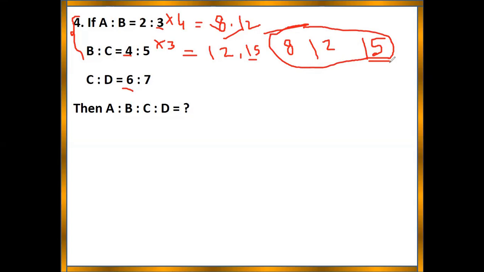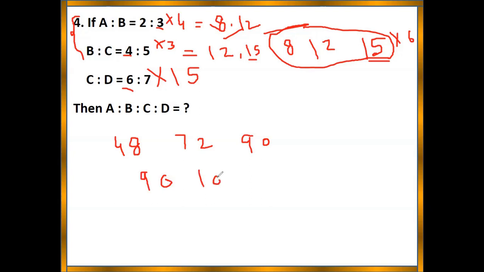To get a common multiple between 6 and 15, you have to multiply with 15 here and with 6 here. If you multiply with 6 here, what is the new value? 8 6s are 48, 12 6s are 72, 15 6s are 90. Similarly, 6 15s are 90 and 7 15s are 105. So 48, 72, C value 90 and D value 105.